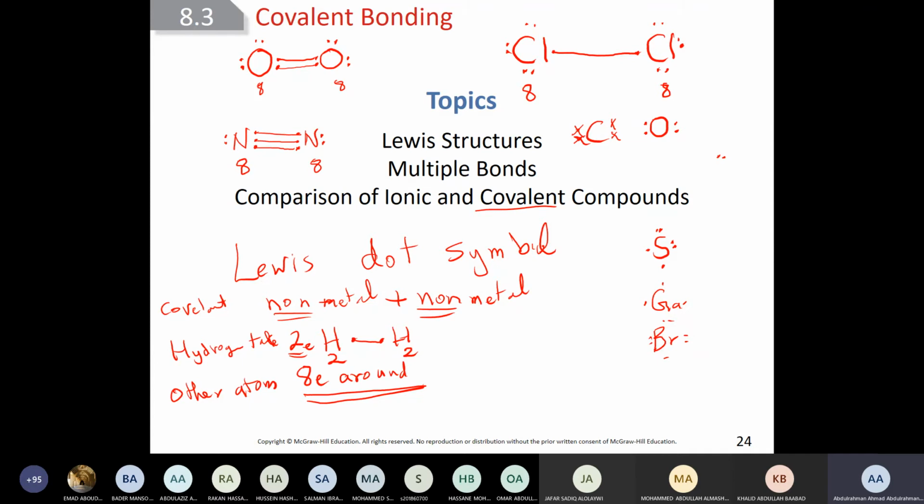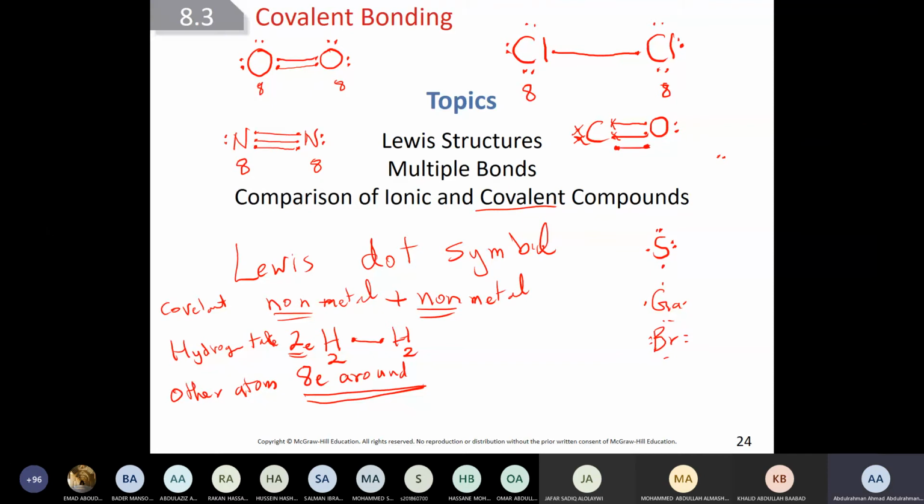Now, if I put only this bond and this bond, how many are on the carbon? Only 6. How about the other oxygen? Only 6. I will take these 2 electrons and put them also here.